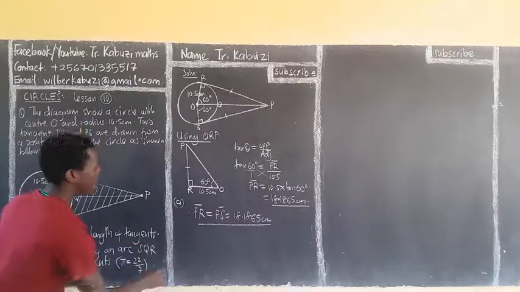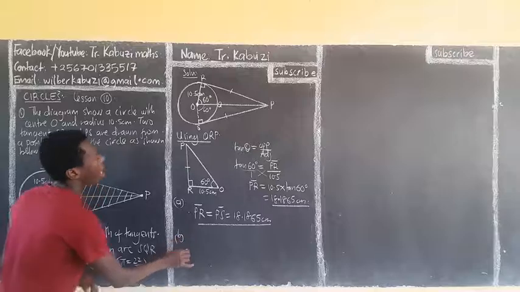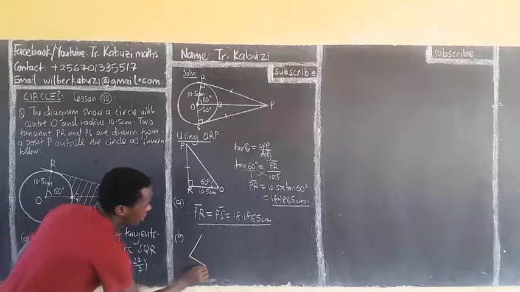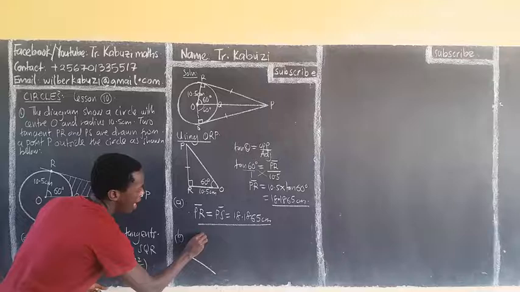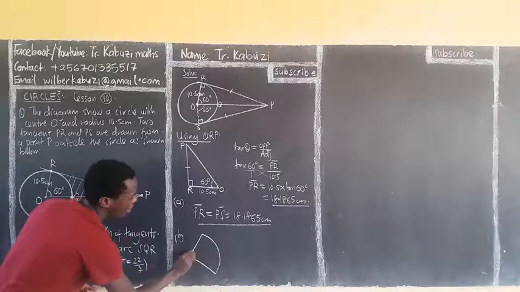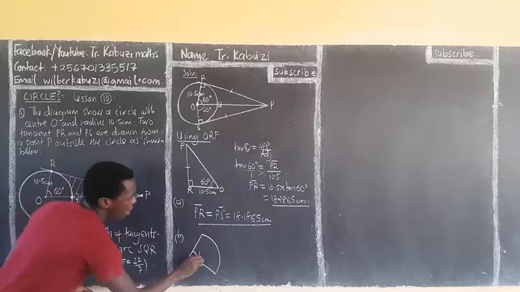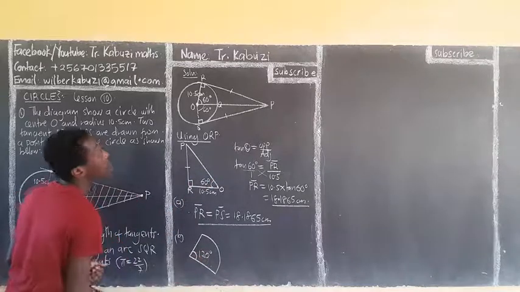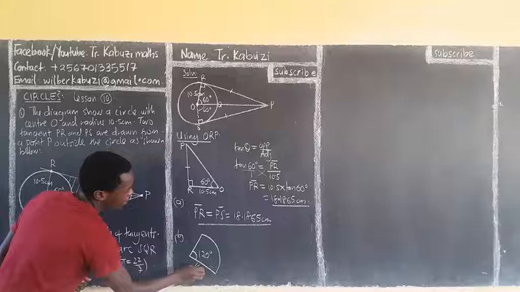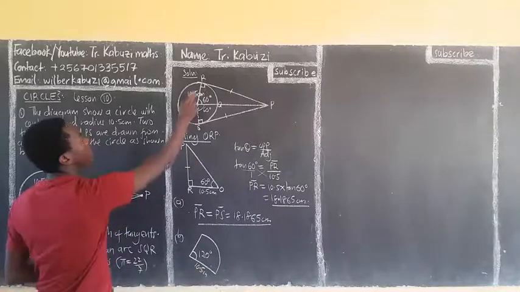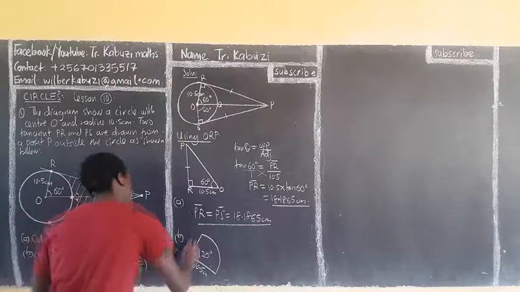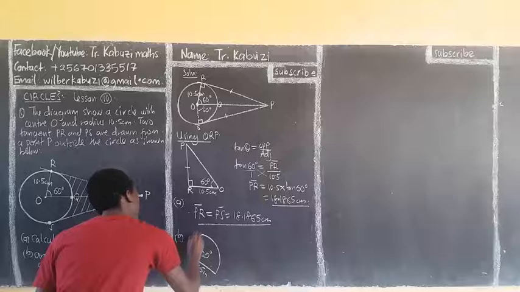Now if I draw out that sector, you see we are having something like this. The whole of this, when you add these two, you get 120 degrees. Then this is 10.5 centimeters, because this radius is the same as this radius.